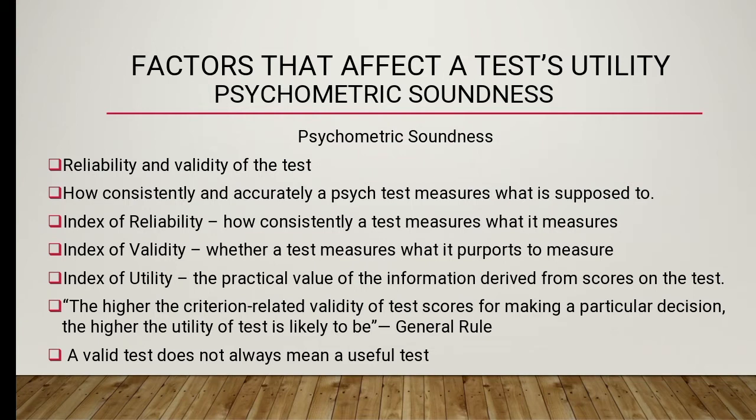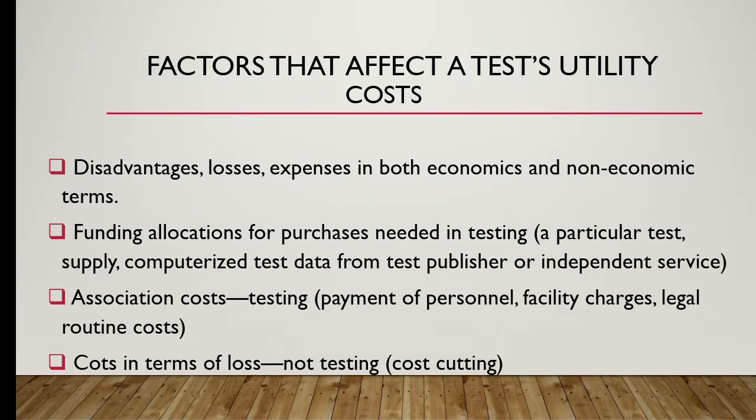Another factor that affects a test's utility, other than psychometric soundness, would be the costs. Now, if you mention the word cost, what comes to mind? Usually words like money or dollars, while in considerations of test utility, factors variously referred to as economic, financial, or budget-related in nature must certainly be taken into account.